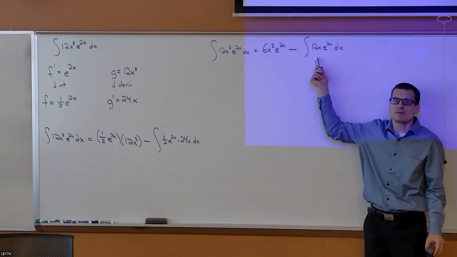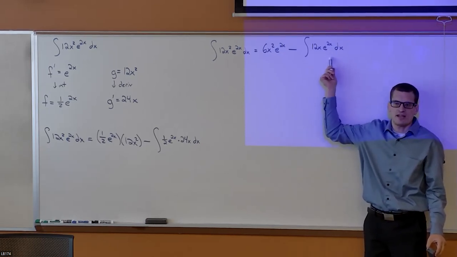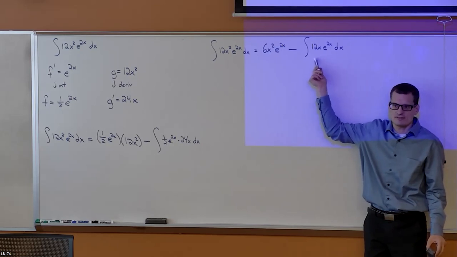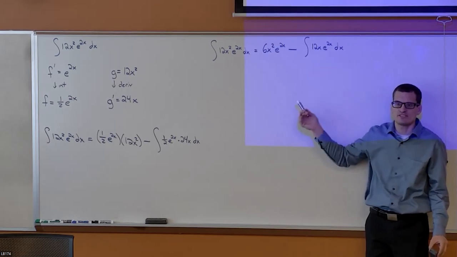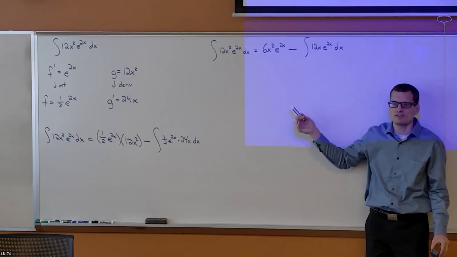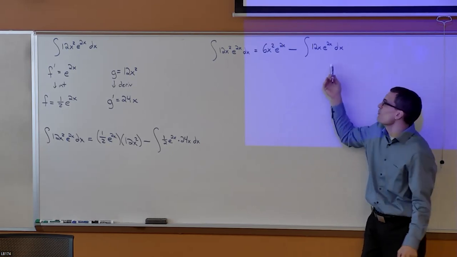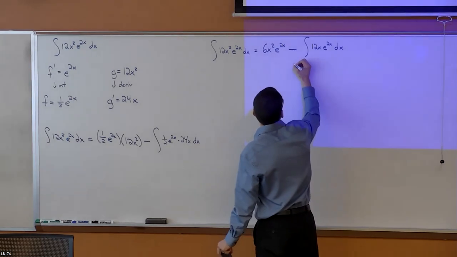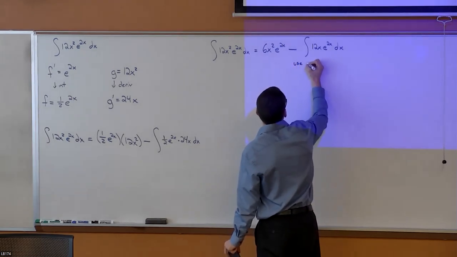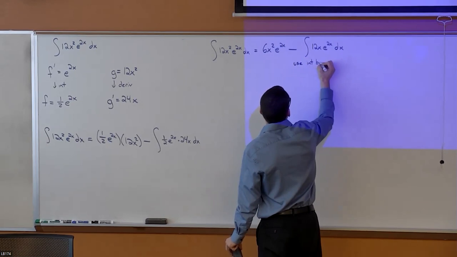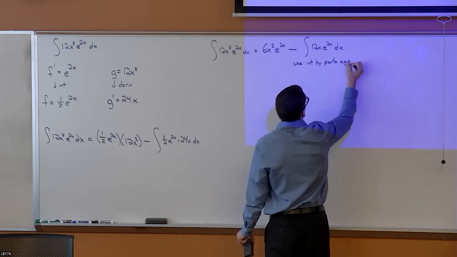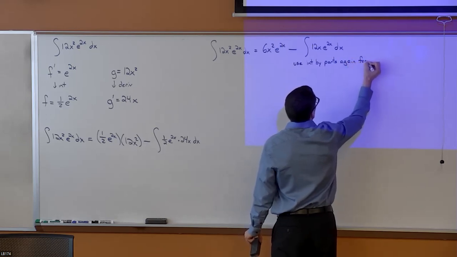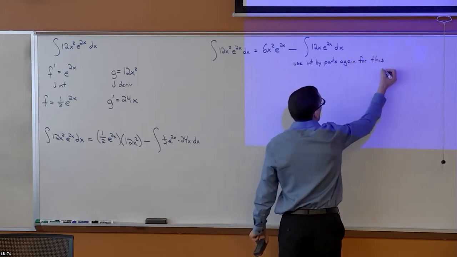Now the question is, how do we integrate this integral here? Well, if you look at this integral here, it's almost identical to that first example we did with just different numbers. So we have to use integration by parts again for this integral.